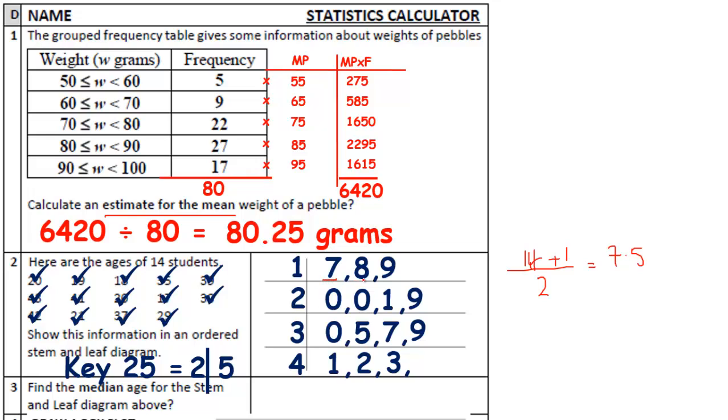So I have 1, 2, 3, 4, 5, 6, 7, and 8. My 7th value is 29. My 8th value is 30. What's halfway between each of those? I don't even need to add them and divide by 2 to work it out. I can see that it's going to be 29.5. Make sure you're comfortable with this, and you could do questions similar to this type.